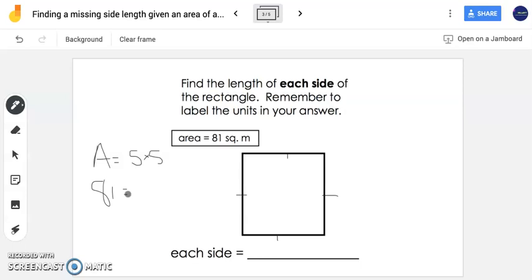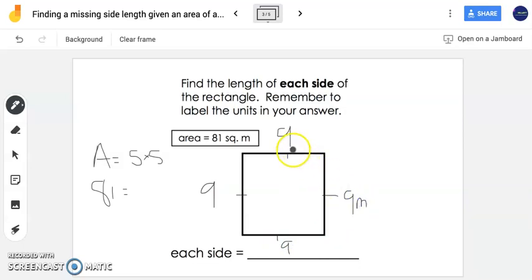But a special characteristic about this area is those side lengths need to be the same. So I'm going through my facts, and I know 7 times 7 is 49, 8 times 8 is 64, 9 times 9 is 81. And that could work here because all my sides can be 9 meters.